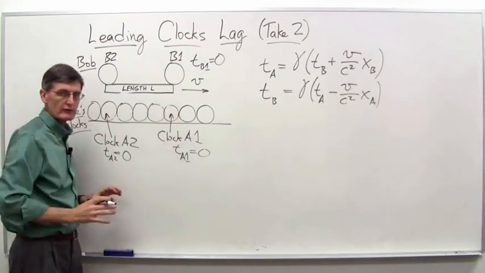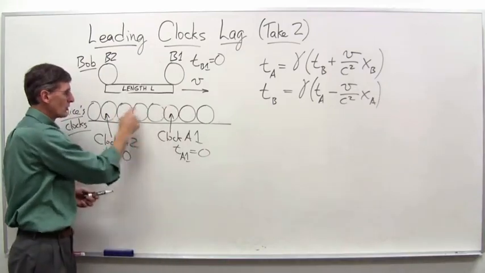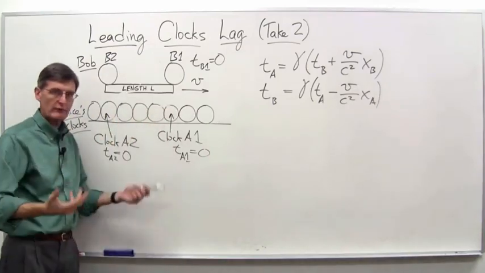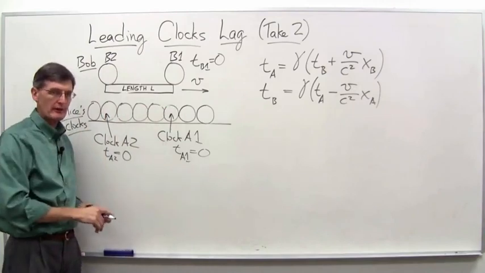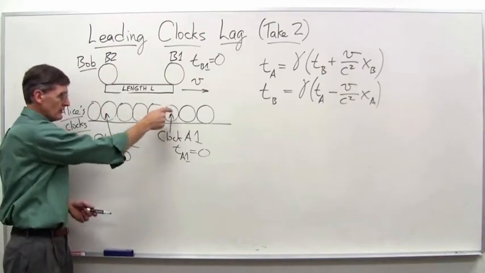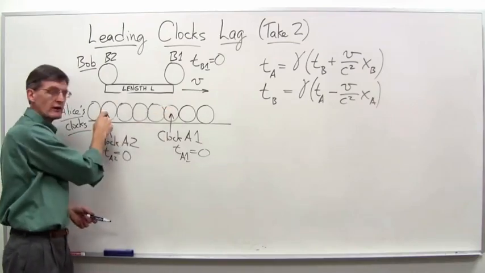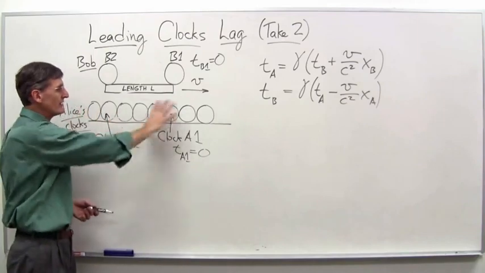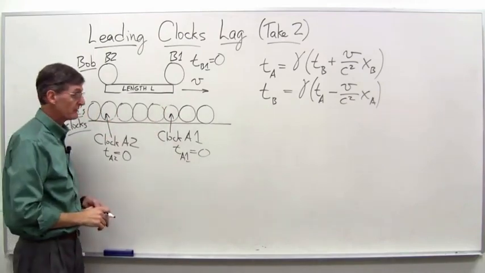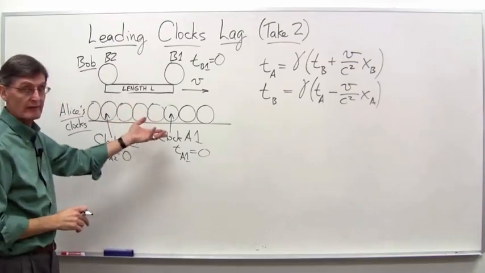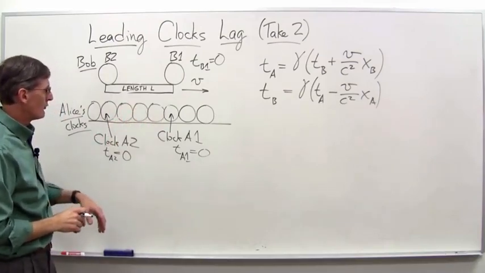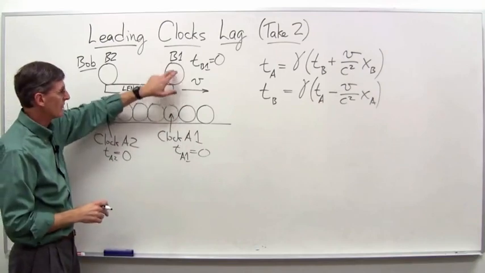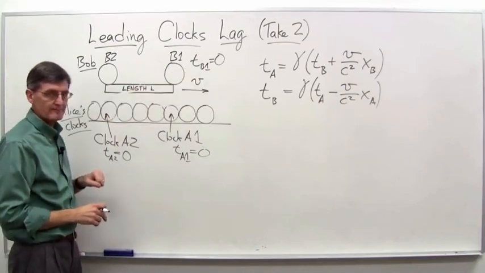Those flash photographs both show her clocks reading 0. That's why we know it's from Alice's perspective: if this clock reads 0 and that clock reads 0, they're synchronized, at the same instant in time as far as Alice is concerned. So we also know for the first flash photograph, TB1 equals 0.